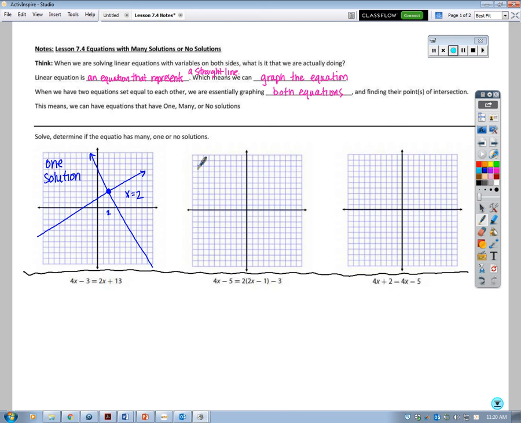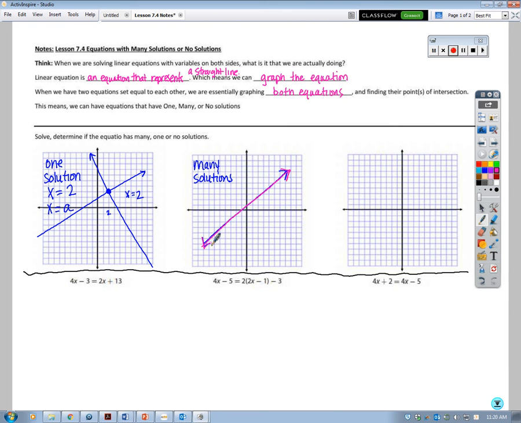If I have many solutions, this is when x equals 2, or x equals any number. If I have many solutions, I'm going to have one line, and the second line is actually going to end up being the same line.